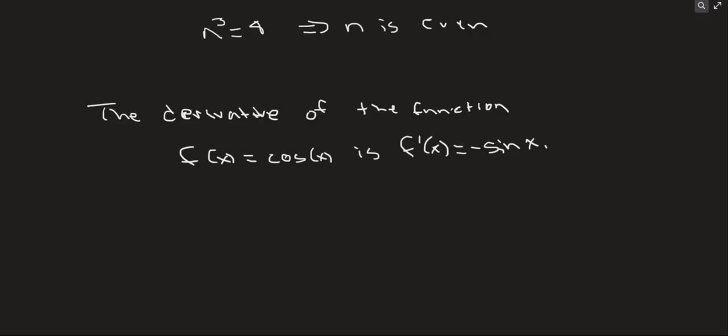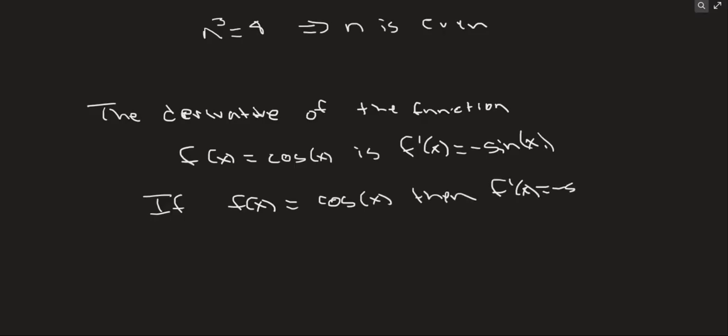It's something along those lines. Okay, so the way you'd write this as an if-then statement is if f of x equals cosine x, then f prime of x equals minus sine x.